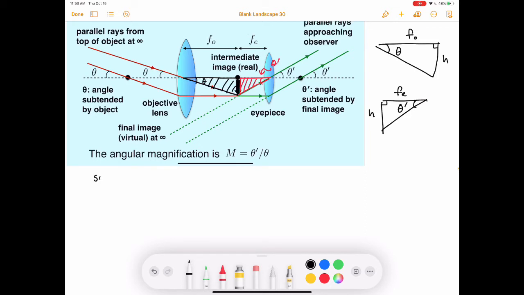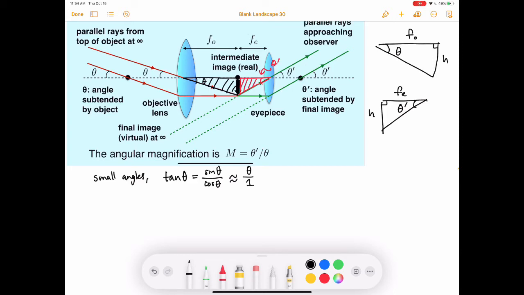Now, since we're dealing with small angles, we're making an approximation. Tangent theta, by definition, is sine theta over cosine theta. But when we have small angles, sine theta is approximately equal to just theta, and cosine theta is approximately just equal to 1.